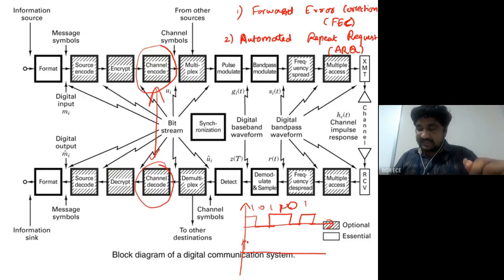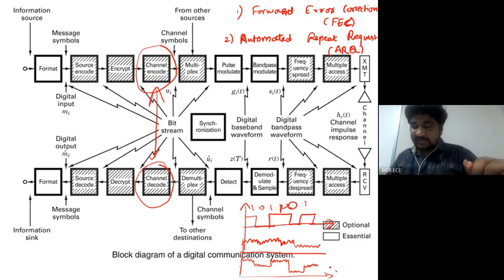If the noise is present in such a way, like this, then the received signal will be like this, so we will receive this signal at the receiver end.